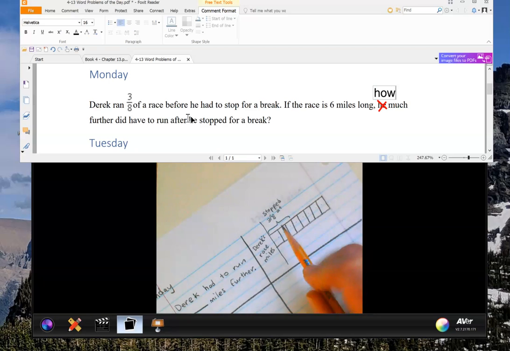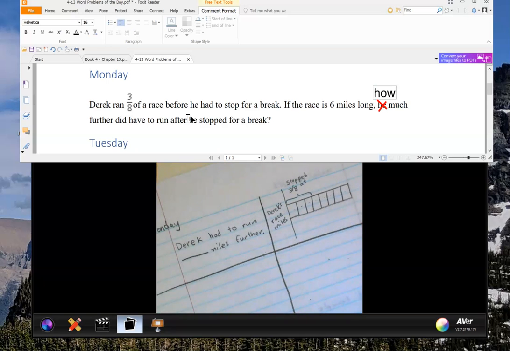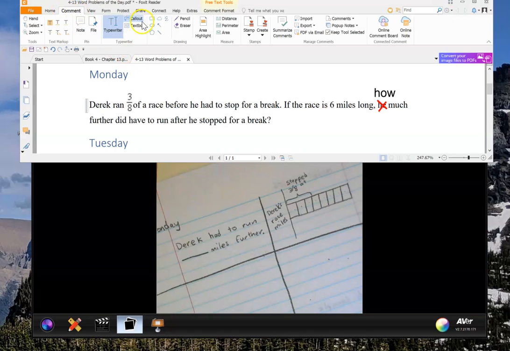He ran all the way up to here and said, I need a break right now. And then he stopped. So I'm going to mark those 3/8 in there. Let me cross that out because I like to make sure I did everything. He stopped for a break, wrote that in, did the 3/8, added Derek in there. So I'm good for that sentence.